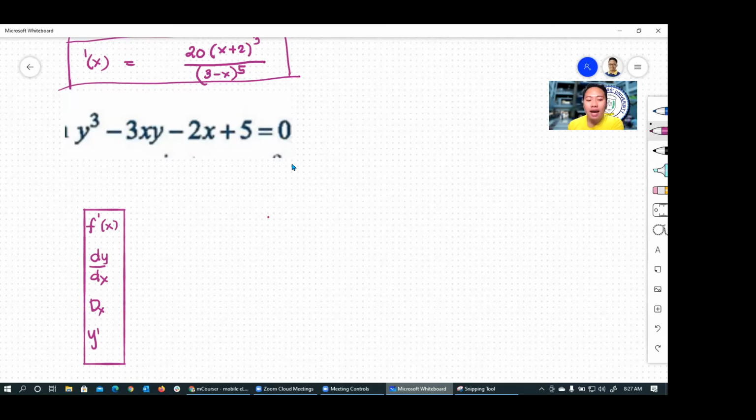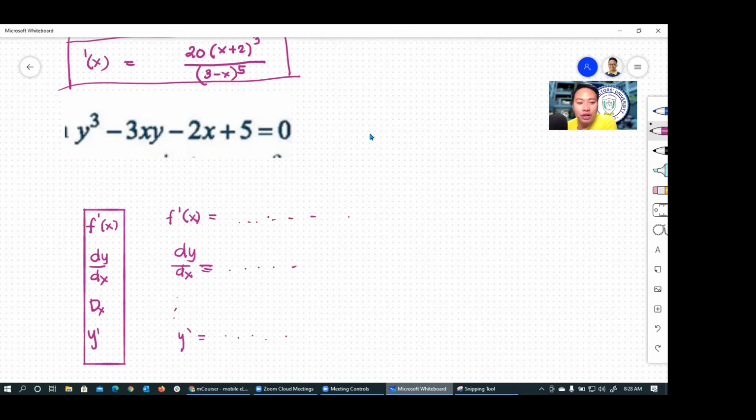When we take the derivative, it is always on the left side: f prime of x, then the expression. Then dy over dx equals the expression. Same thing with y prime equals the expression. The derivative term should be on the left side and the rest of the terms are on the right side.